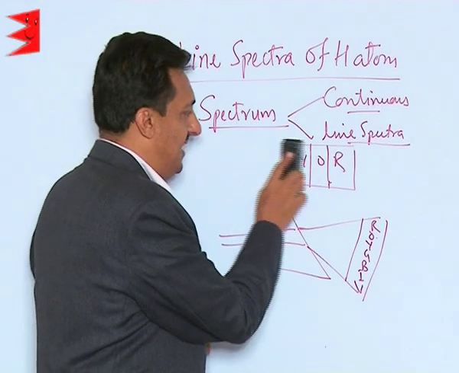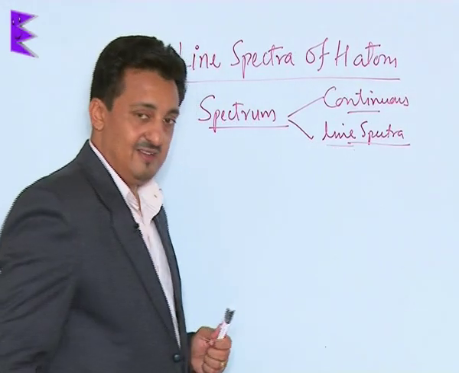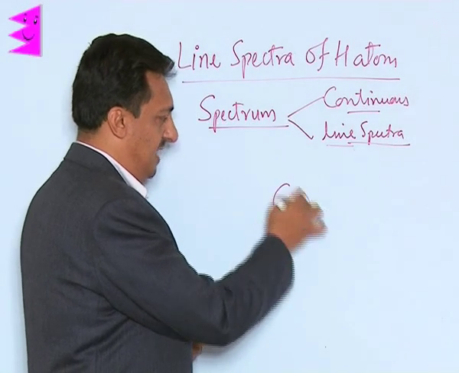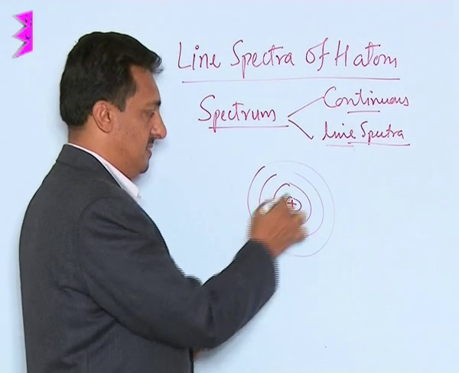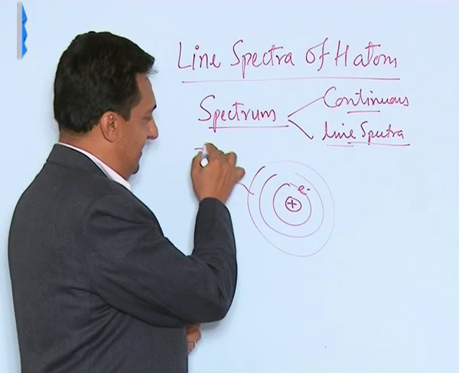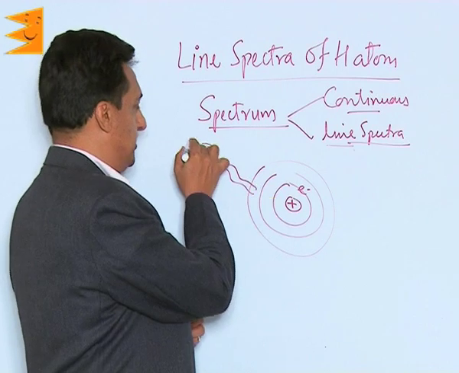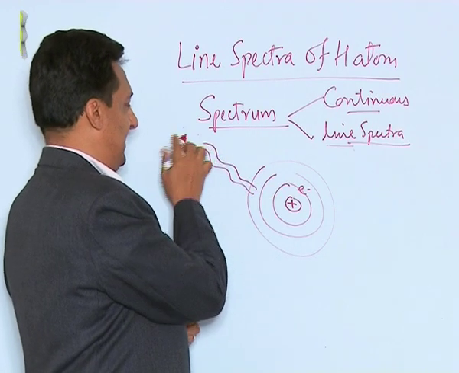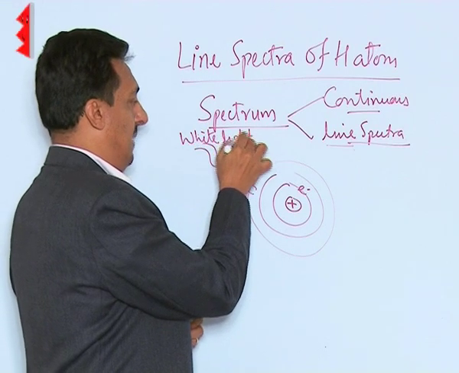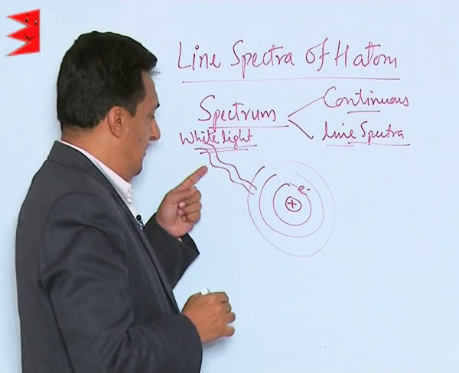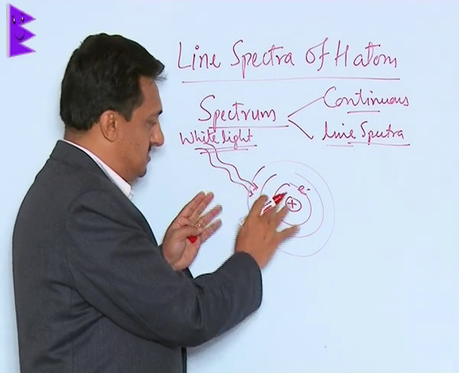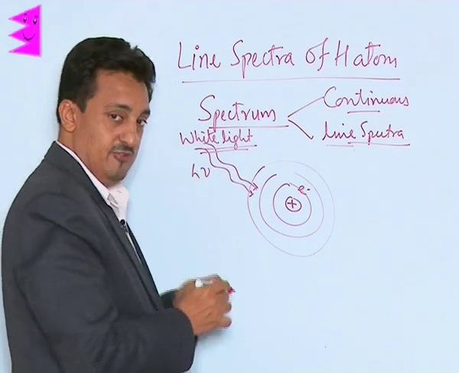In order to understand what exactly a line spectra is, we must understand again a very basic thing. Suppose we have this particular atom and electrons are present in it. We incident certain radiation, suppose white light. This light has certain energy given by h nu.